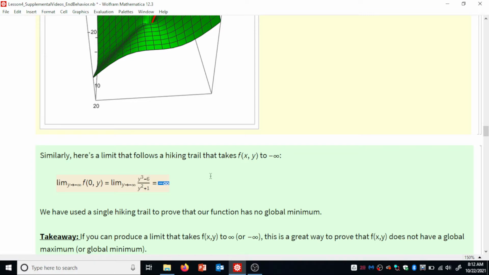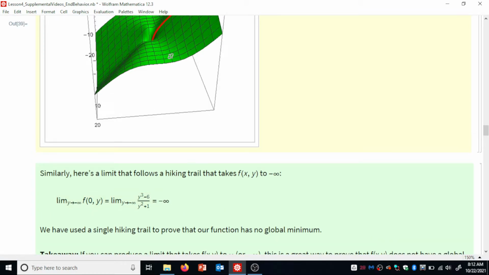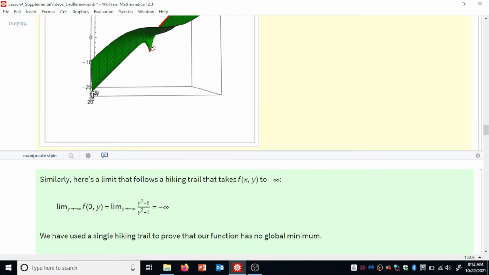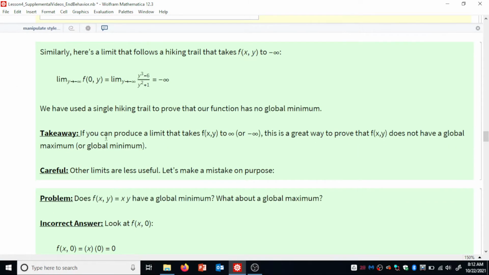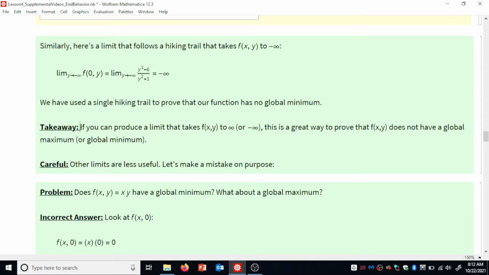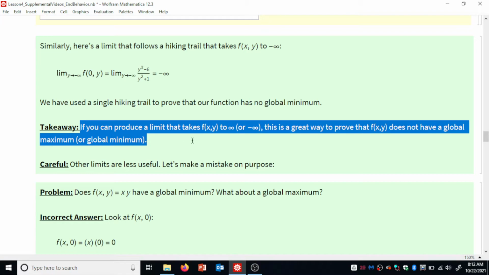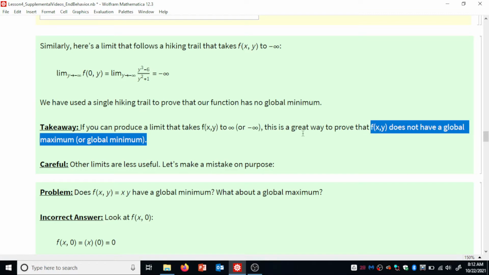Again, definitive proof that this function does not have a global minimum. This local-looking minimum right here is just local. It's not global because there is a hiking trail I can walk to go to negative infinity. So anyway, long story short, if you can produce a limit that takes your function to infinity or negative infinity, that's a good way of proving that f of x y does not have a global maximum or a global minimum.